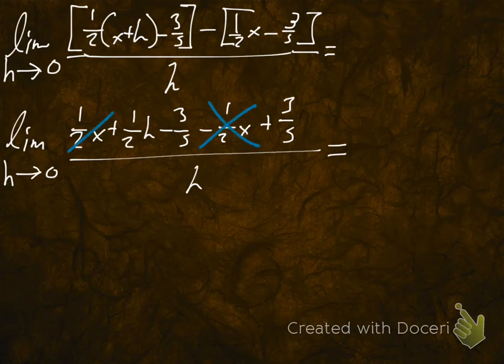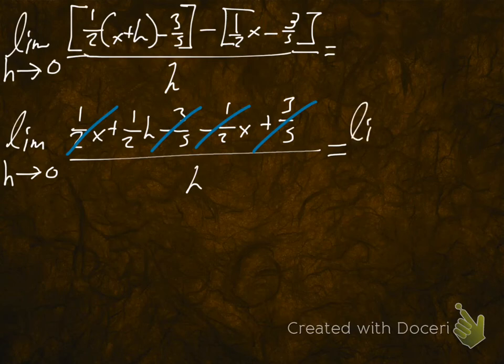We don't have to worry about them. We just kill both of those. And then I see a negative 3/5 and a positive 3/5, so we get rid of those too. So now what are we left with on the top? Well, we're just left with 1/2 h, right? So this is just the limit as h approaches 0 of 1/2 h over h.